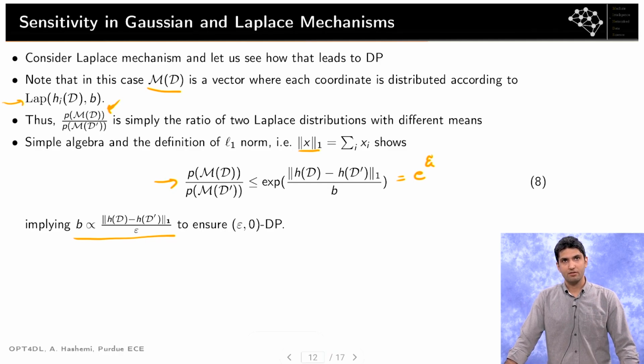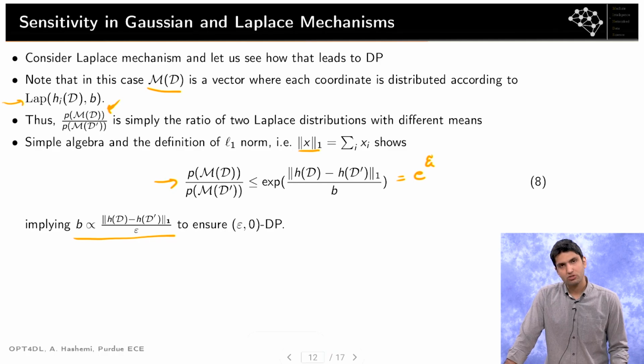What this is saying is that if you want a very strong differential privacy guarantee, epsilon has to be very small. Epsilon appears in the denominator of b, so b has to be very large. On the other hand, when this difference is large, b also has to be large.